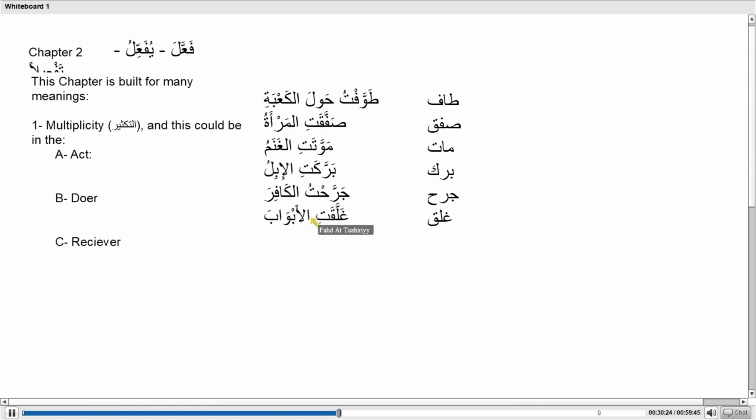Yes, exactly. طيب. غلقت الأبواب. This is actually a verse in Surah Yusuf. وغلقت الأبواب وقالت هيت لك. واضح؟ غلقت الأبواب means she closed all the doors, based upon there being many doors.